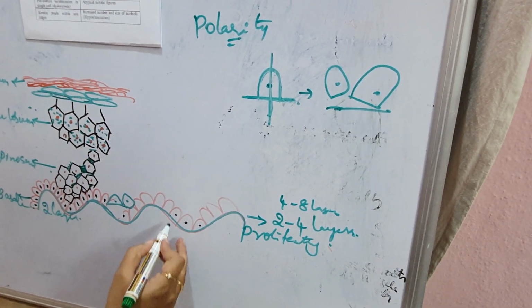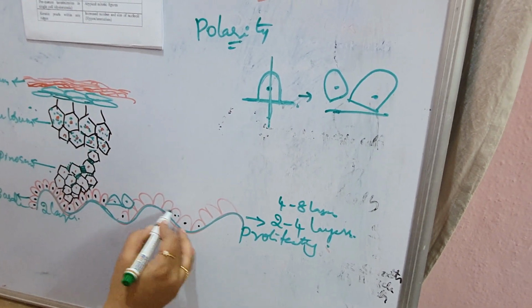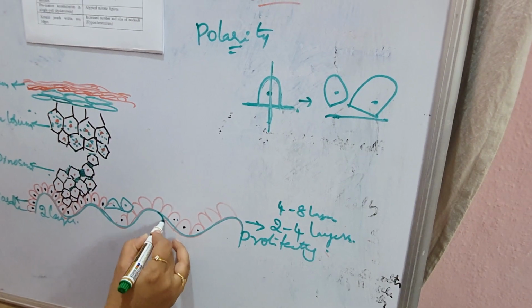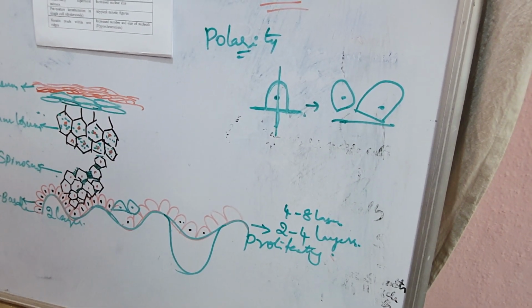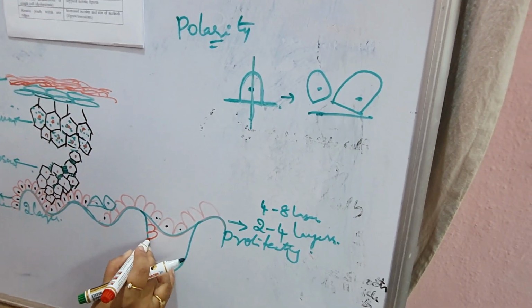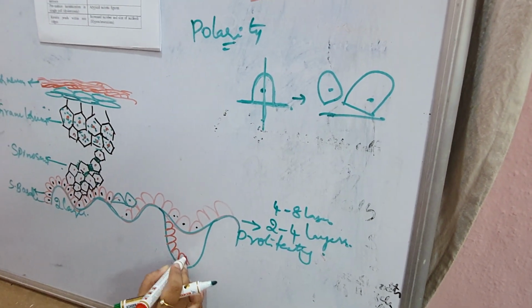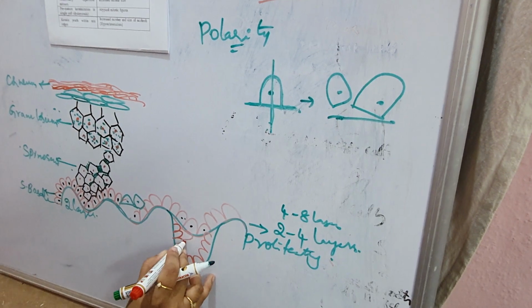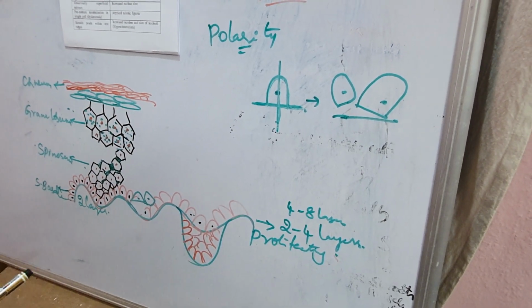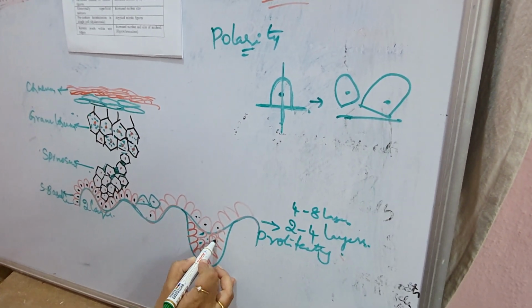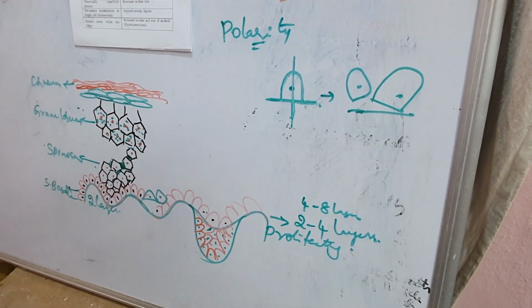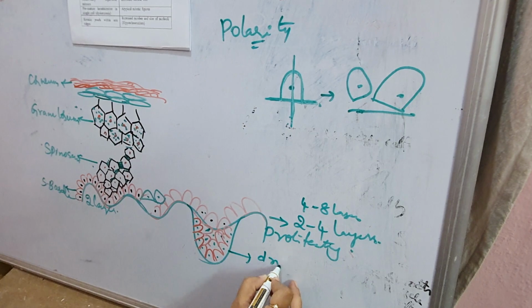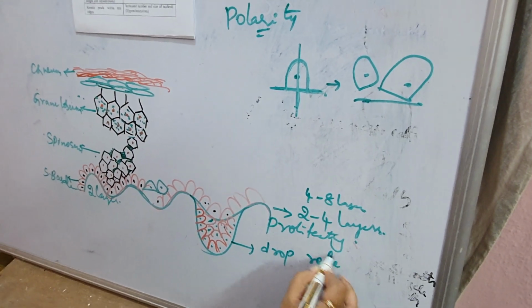Here the basal cells keep proliferating and keep trying to invade into the underlying connective tissue like this, by proliferating downwards. That's why you form drop shaped rete pegs.